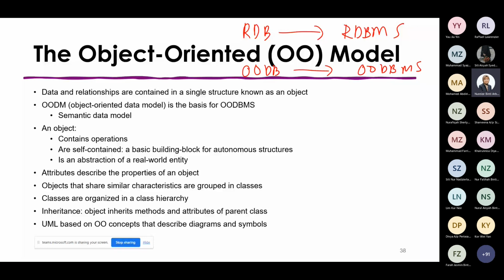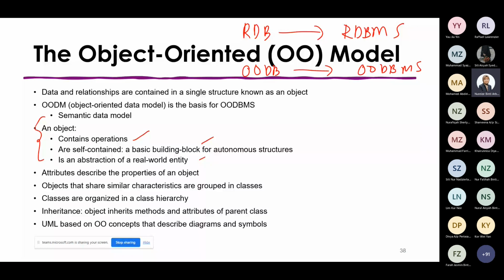Relational or object-oriented. An object contains operations, is self-contained, and is an abstraction of a real-world entity. The definition of an object is similar to what you learned in the object-oriented programming class.